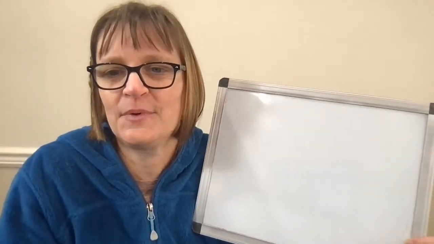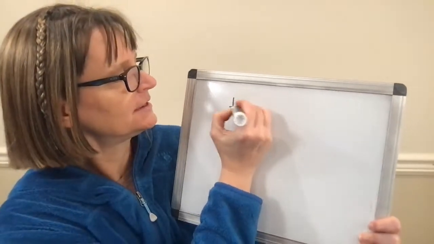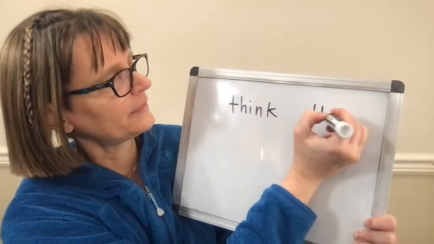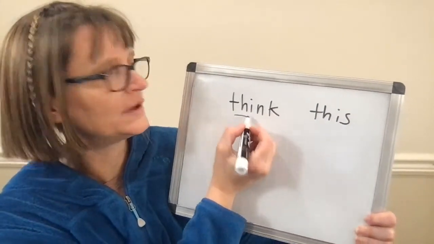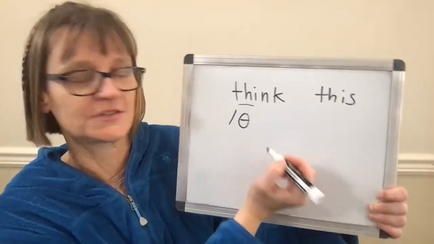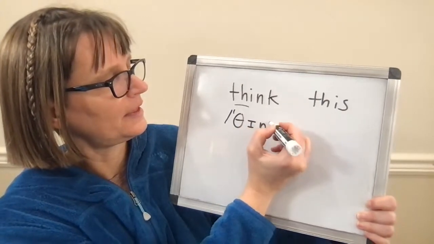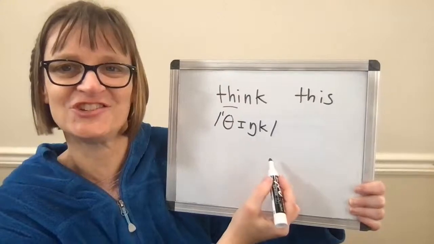Okay, we have a question about think and this. For think, we have the voiceless TH sound. We see that in the IPA as a theta. Then the letter N says the NG sound.